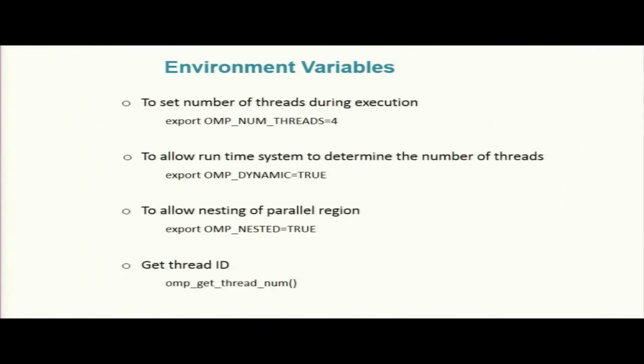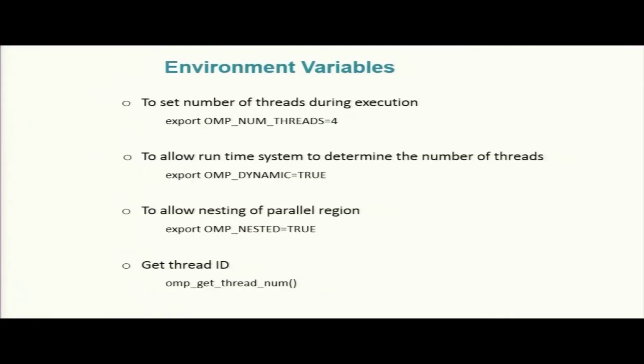Then there are environment variables. Environment variables means what we are setting in our shell. We set certain variables there which provide control to our program execution, or to the OpenMP resources that we are asking for. OMP_DYNAMIC: if we set it to false, that means whatever number of threads we are requesting, from within the program or through the environment variable, I am saying that I want that many threads.